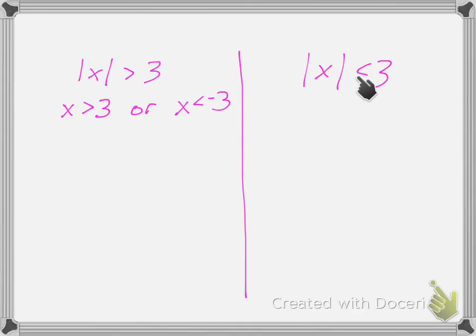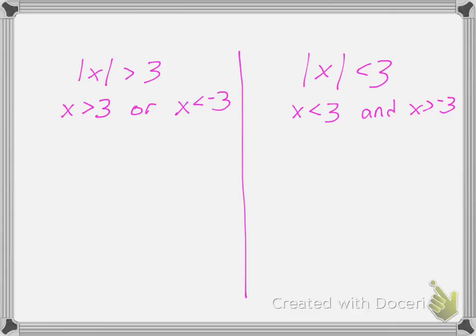And now for what happens when it's less than, pretty much exactly the opposite, you'll use the word and. Both conditions have to be met. So X is less than 3, you'll see that one, and X has to be a number greater than negative 3. So similar practice, you'll change both signs for the second one, but a key difference is that you're using the word and.